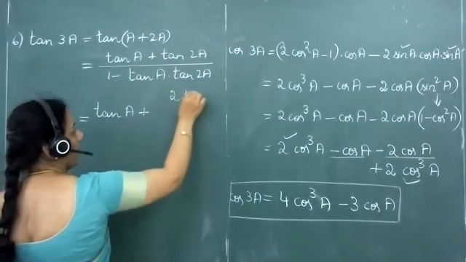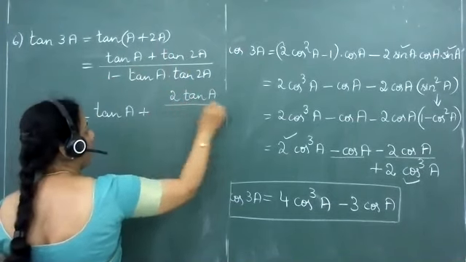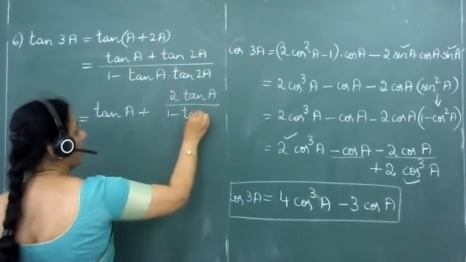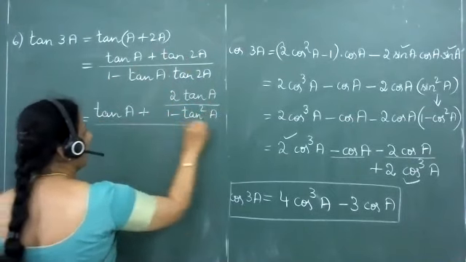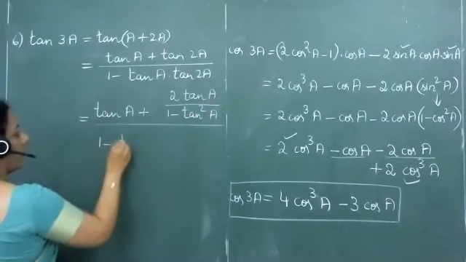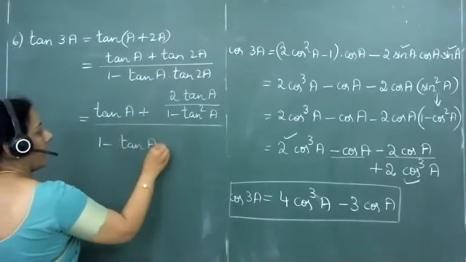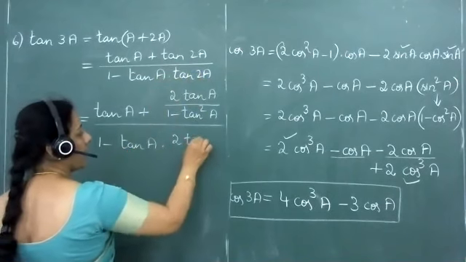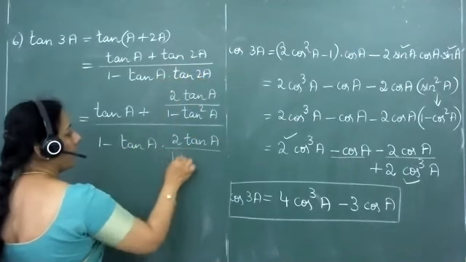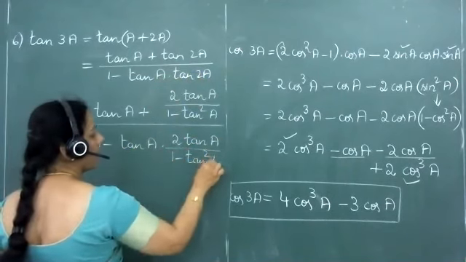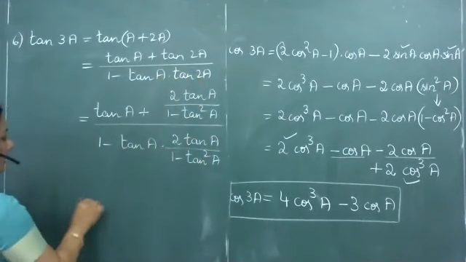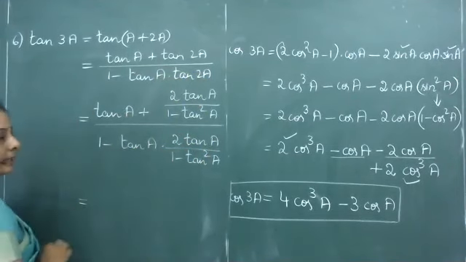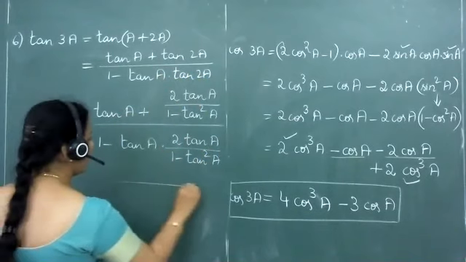Tan 2A is 2 tan A divided by 1 minus tan squared A, whole divided by 1 minus tan A retained as it is. Again tan 2A will be taken as 2 tan A whole divided by 1 minus tan squared A. Simplify both numerator and denominator here.